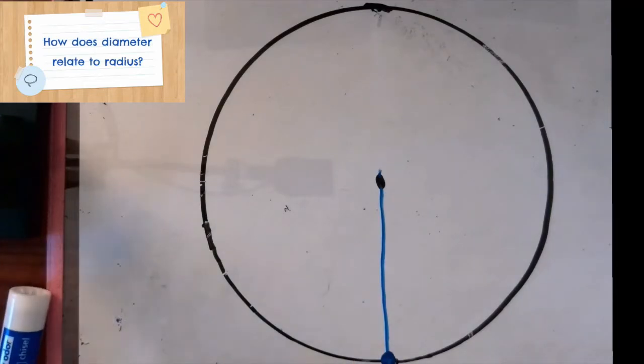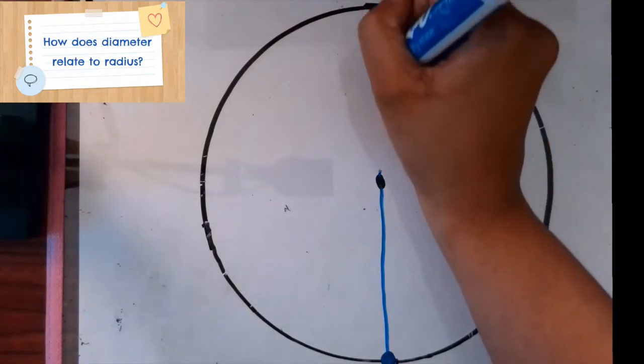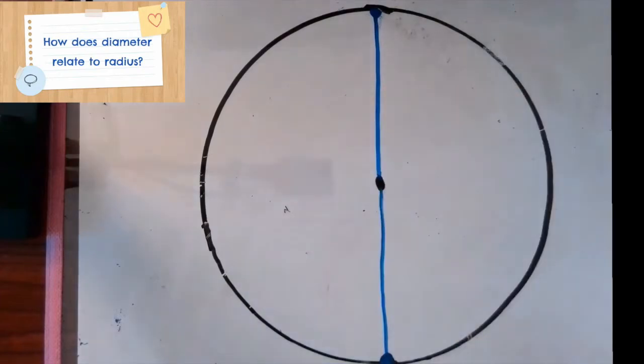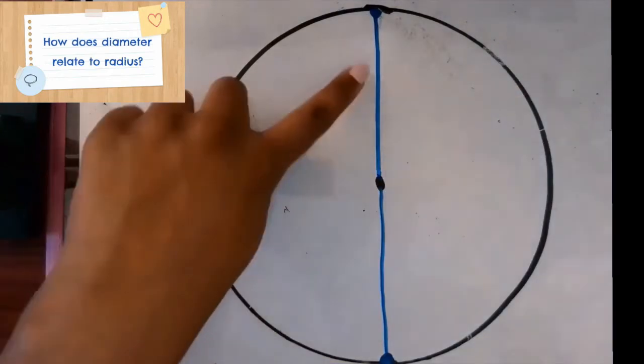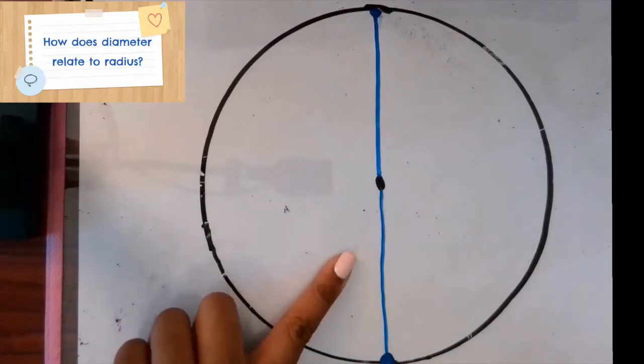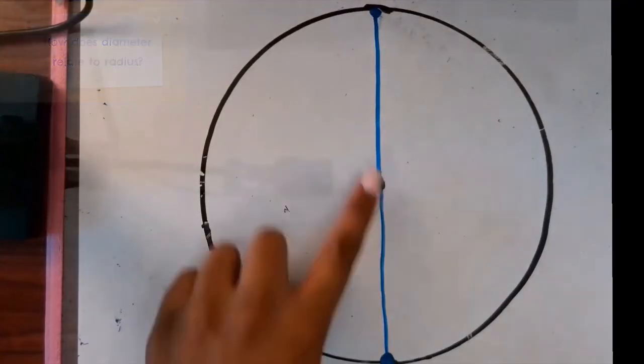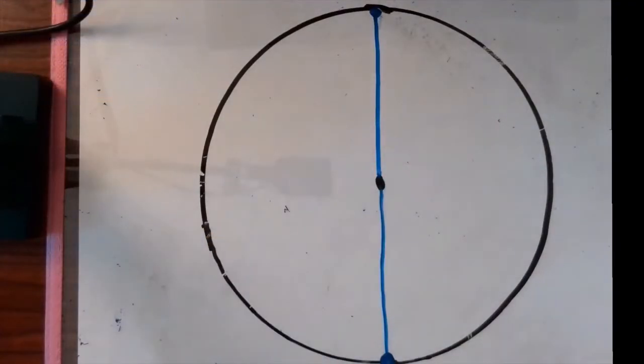Now, if I have 2 radii, meaning if I have a radius here and I draw in another radius here and connect them, I now have a diameter because I have a chord that goes through the center of the circle.